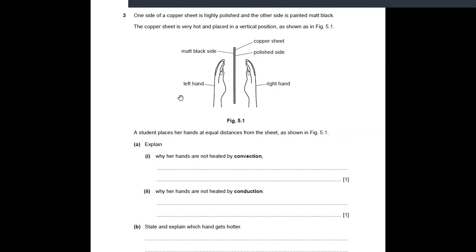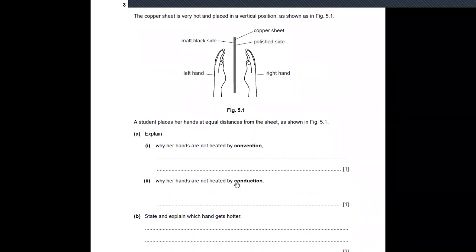Won't it be because the hand and the copper sheet aren't touching each other? Close. You're close, but you have to put it in physics terms. It is because there is air between the copper sheet and hand, and air is a bad conductor of heat. That's why.